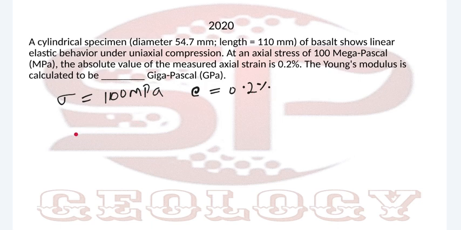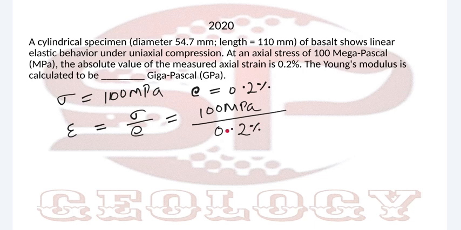So Young's modulus will be stress divided by strain. So 100 MPa divided by 0.2%, which will be 100 MPa divided by 0.002.